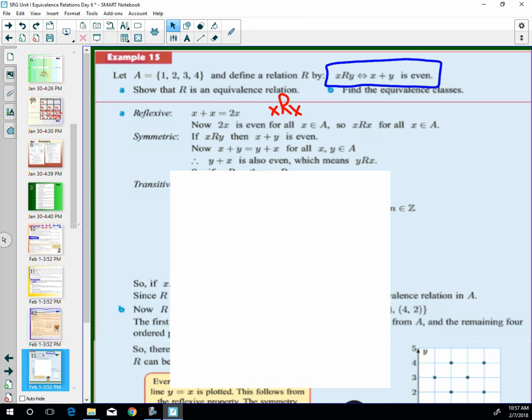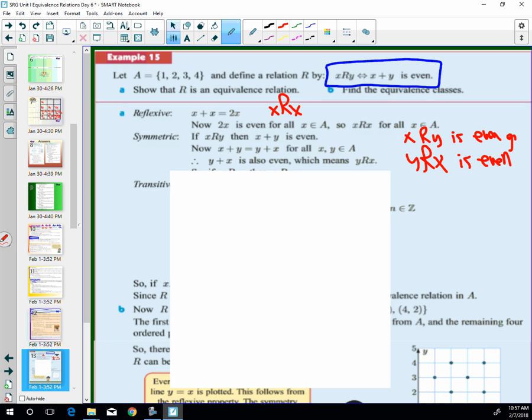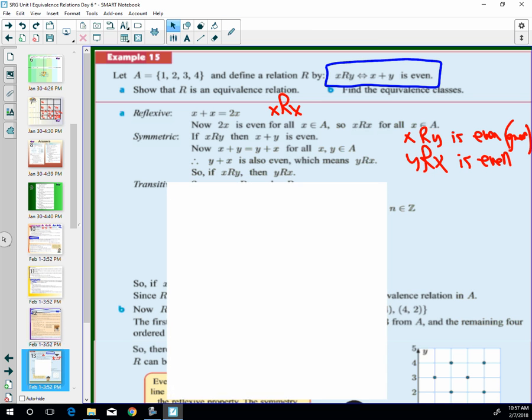Y R X is even. X R Y is even, that was given. So Y R X will also be even.